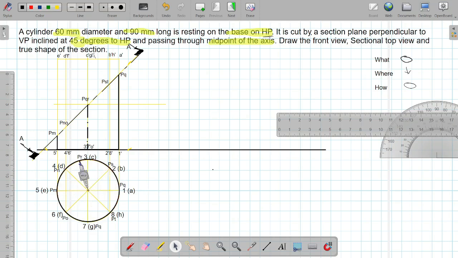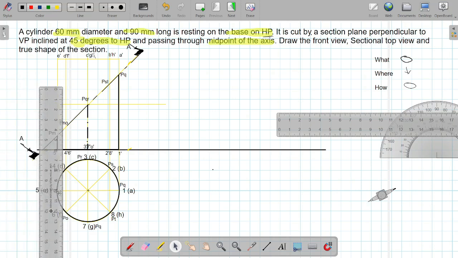Basically what I am doing is joining the points PM, PN, PR, PS and other points, the points which we got after cutting the section. Now, because this is a part of the section, we have to draw section lines in this.